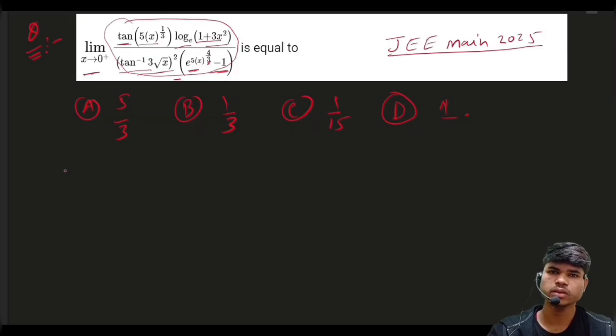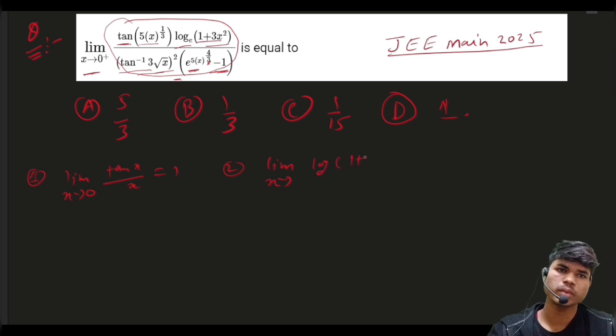Here I will use some standard limit formulas. First, limit x tends to 0 tan x divided by x equals 1. Second, limit x tends to 0 log 1 plus x divided by x equals 1.